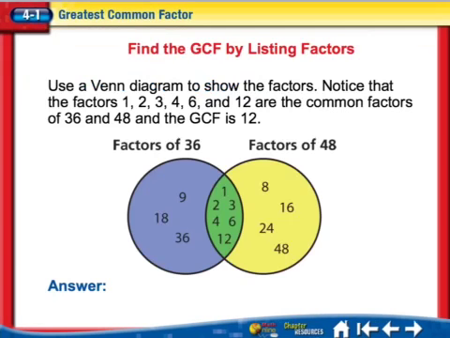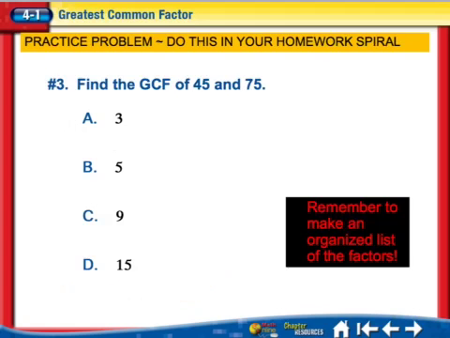Here we are. Here's a Venn diagram showing the factors for 36 and 48. If you notice, the factors in the middle are the common ones. And the greatest of these is our answer. Our answer is 12, because that's where the greatest number was in the green section.